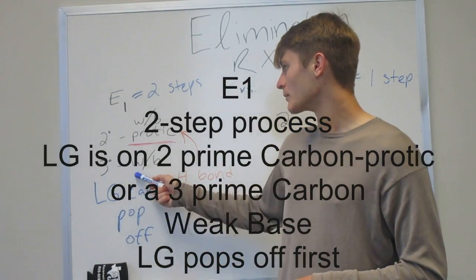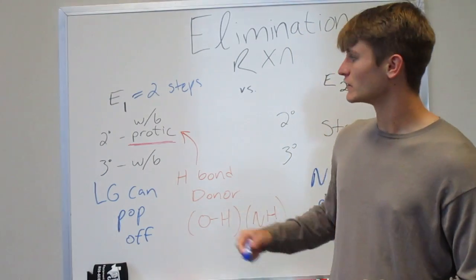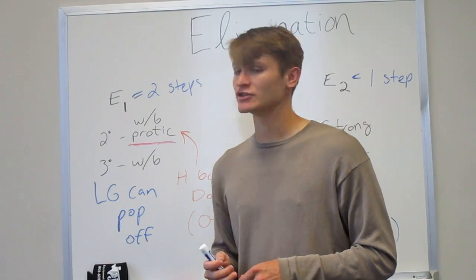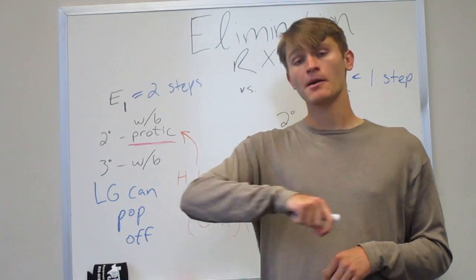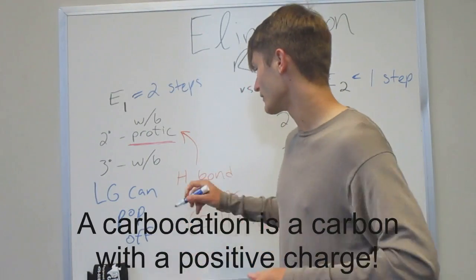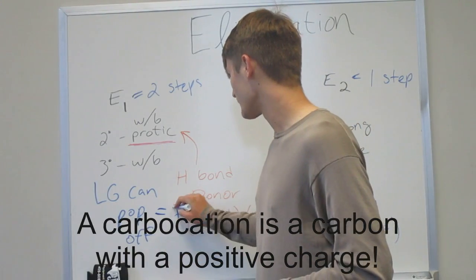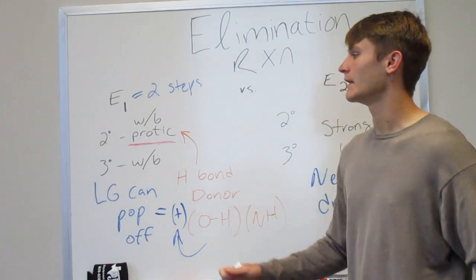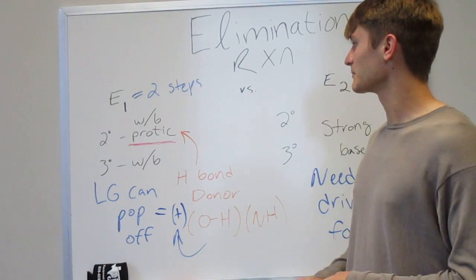It could also be a 3' carbon with just a weak base. Really just weak bases happen in E1, and then the leaving group can just pop off, and when it does, a carbocation is formed. I know I talked quickly, but we're going to go through some examples.